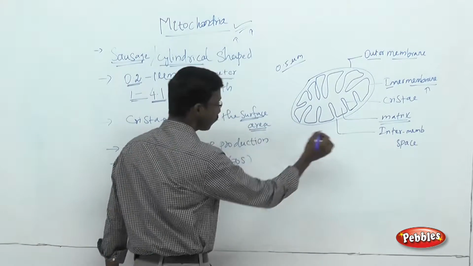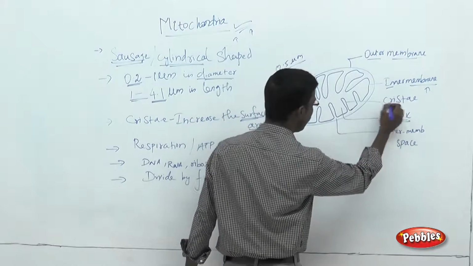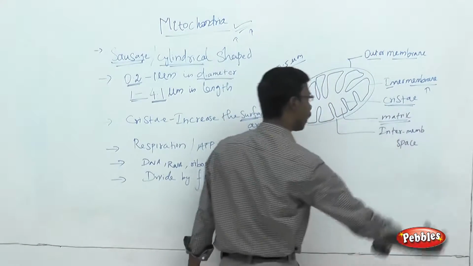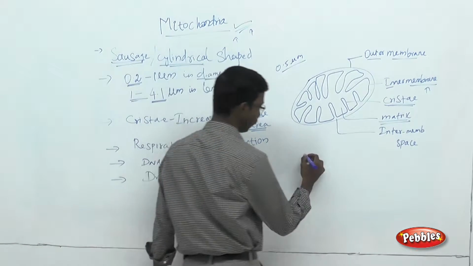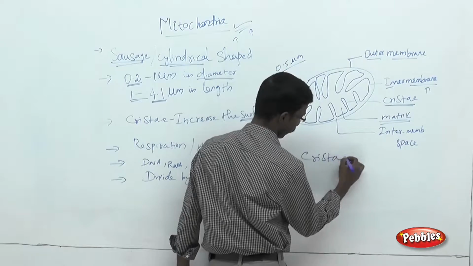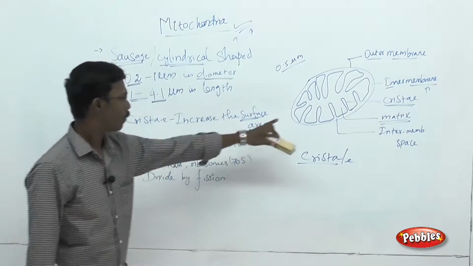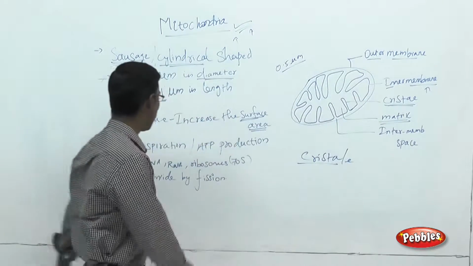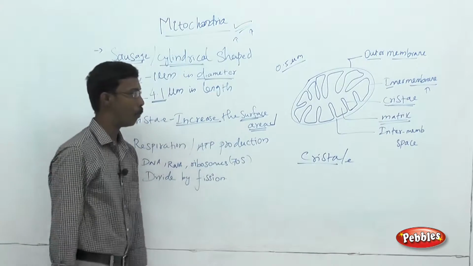These invaginations form finger-like structures called crista, or cristae. Cristae is the plural and crista is the singular. These invaginations increase the surface area of the mitochondria.